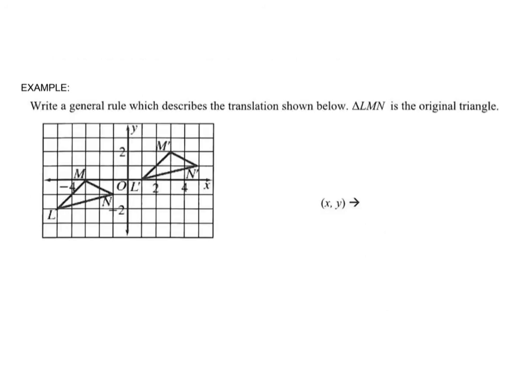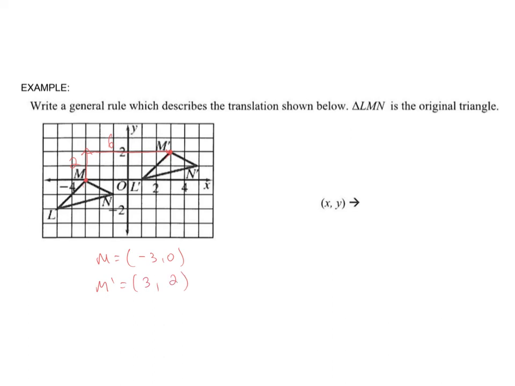All right, here's one more example. This is writing a general rule describing the translation. So what happened from this original to this M prime? It went up 2, and also went to the right 6. So it went right 6 and up 2. And if you wanted to, you could write M is equal to -3, 0, and M prime is equal to 3, 2.